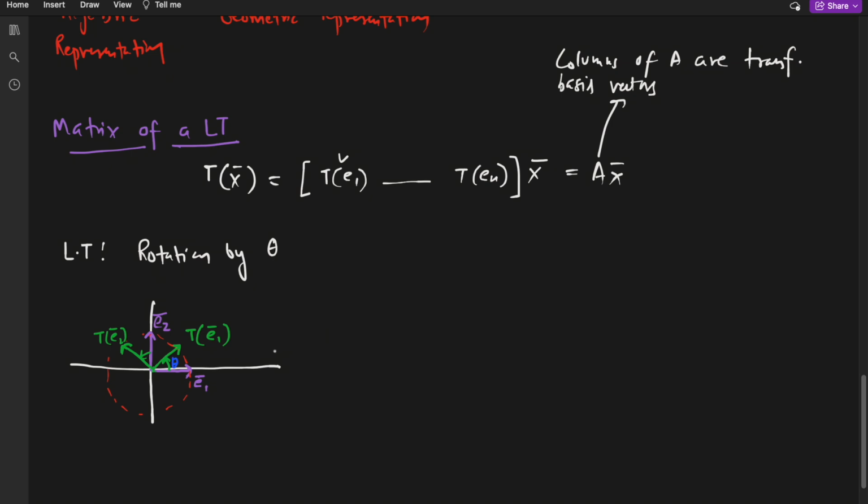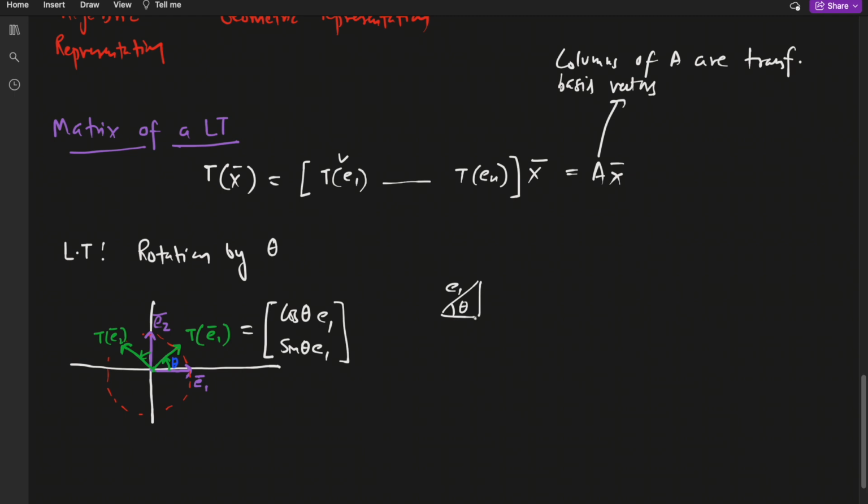Anyways, so this is basic trigonometry here, right? What is the value of T of E1? This is nothing but cos theta E1 and sin theta E1, right? Because see, this is the thing here. This is theta, and this we already know, this is E1.